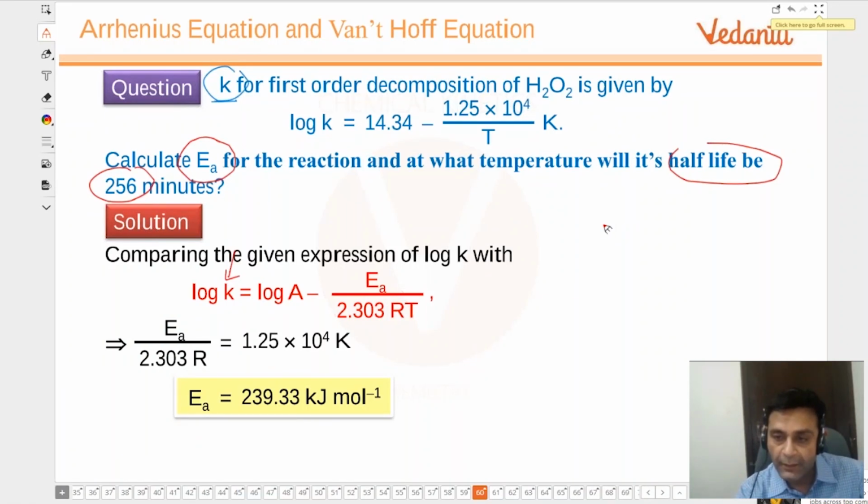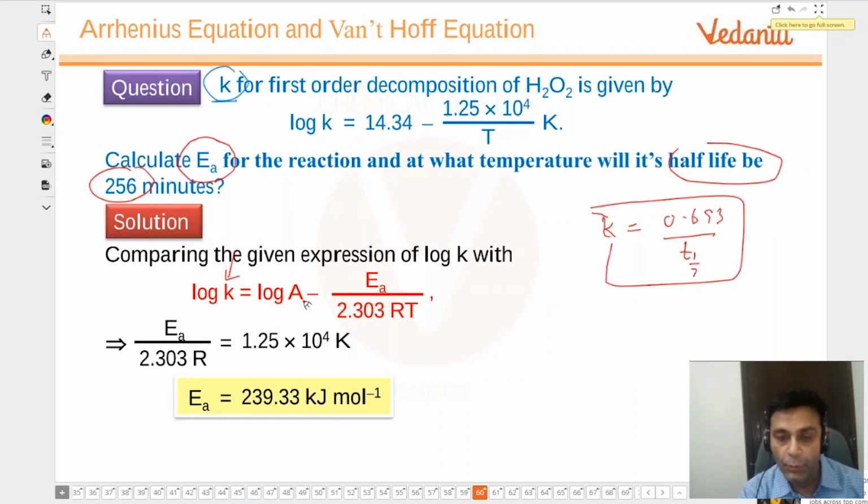Yes. Rate constant K is equal to 0.693 upon t half. So K can be calculated, right? What is A here? Is it 14.3? And 1.25. That's simple, put the values and you can get the value of the activation energy.